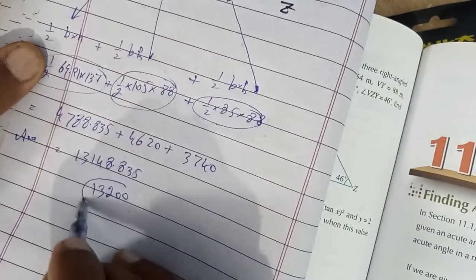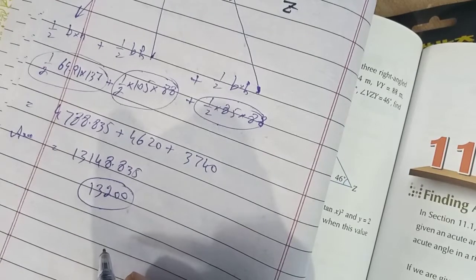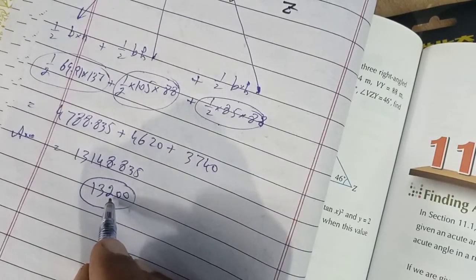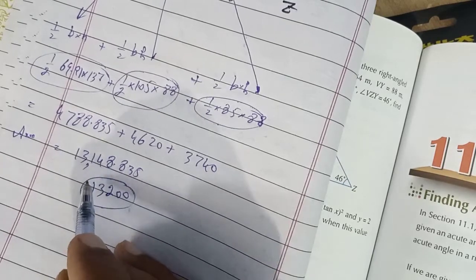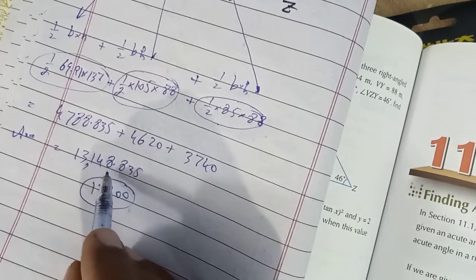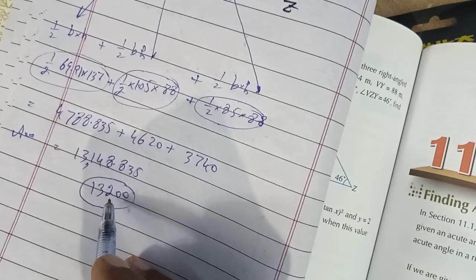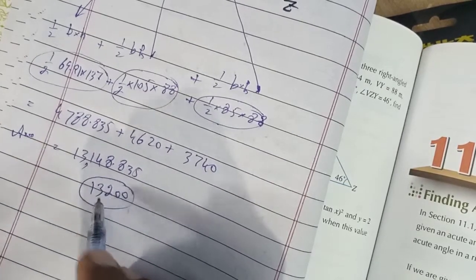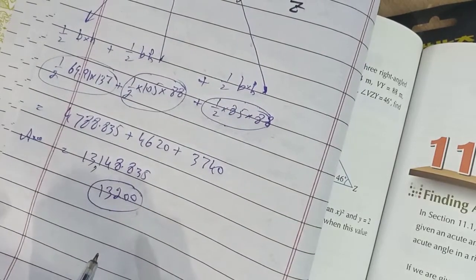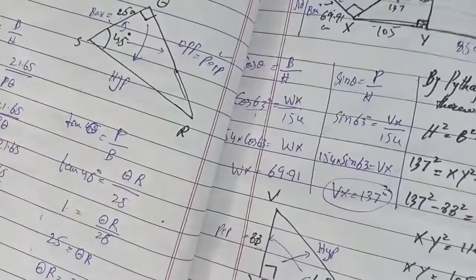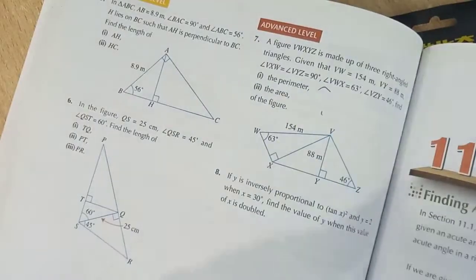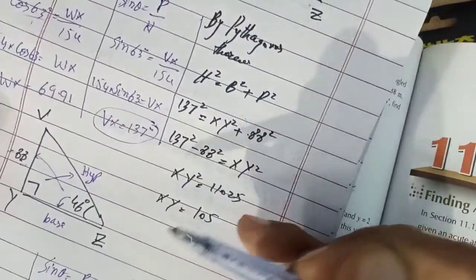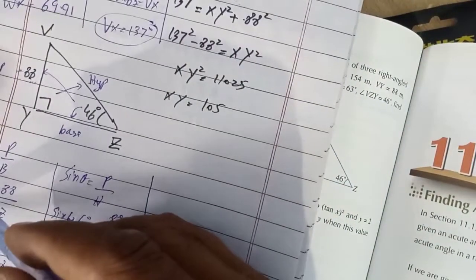The answer given in the last pages is 13,200. I have calculated the answer here as 13,148. There is a small difference. This is due to the fact that I have taken approximate values of cos 63, sin 63, sin 46 or tan 46.